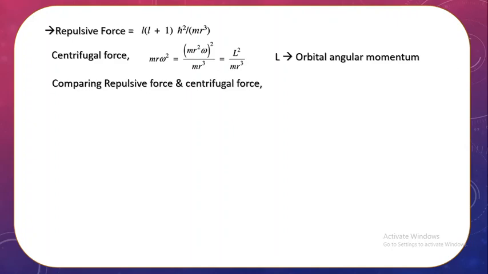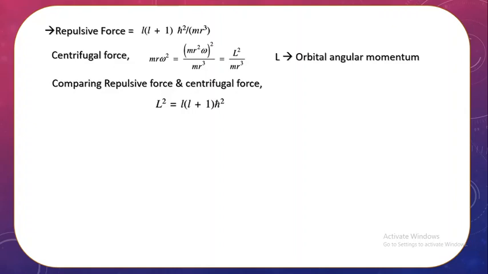When you compare this repulsive force and centrifugal force, the nature is the same, both are forces, so both can be equated. We can see that in the denominator we have m r cube itself, and in the numerator L square equals l into l plus 1 into h cross square.